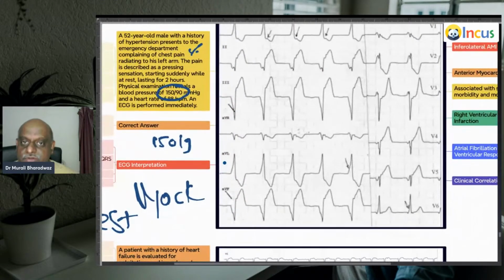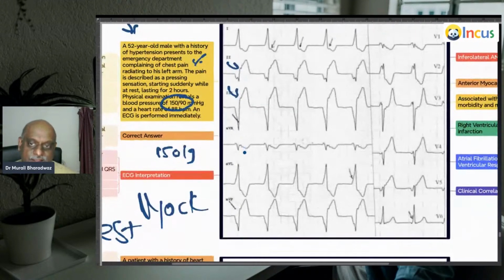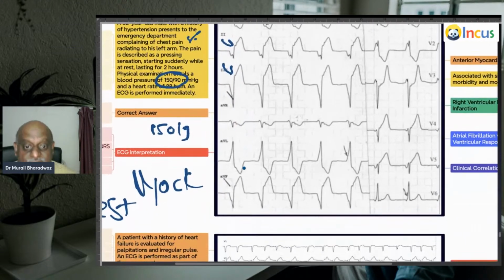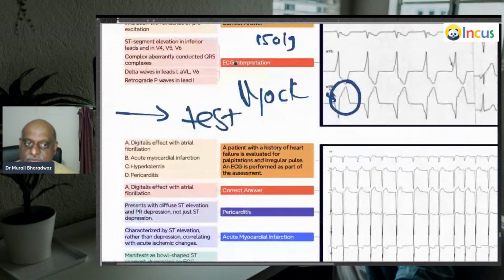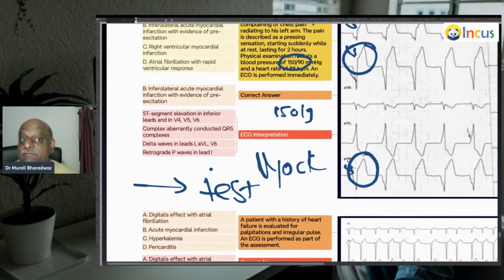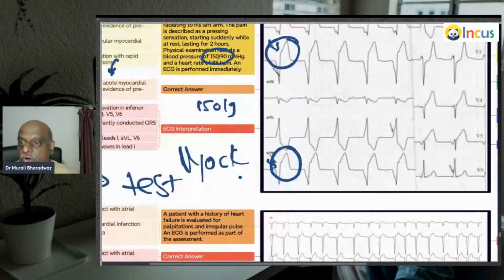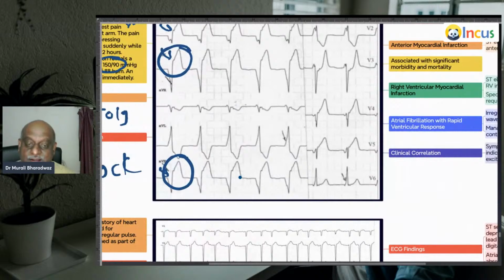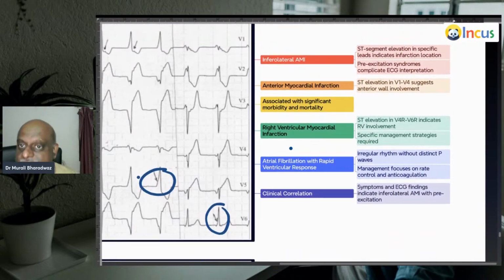So what you are able to see here, lead 2, lead 3, and the inferior leads, AVF, there is ST segment elevation, which is classical of inferior wall acute MI. And also you are able to see the delta waves. So that is the reason it is a combination.